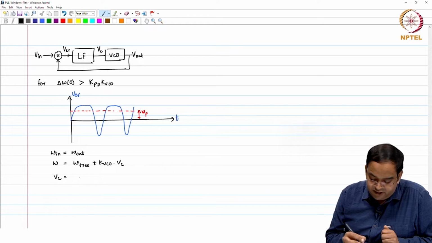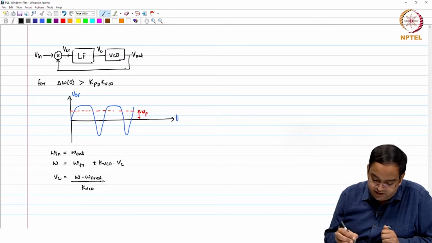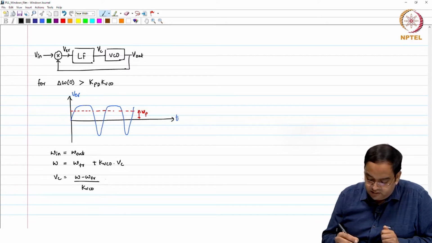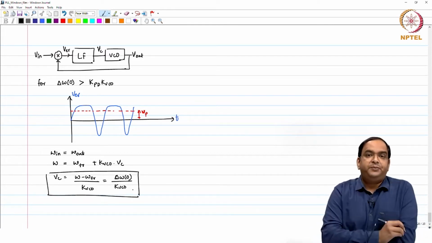So, the control voltage should be omega in minus omega free divided by k VCO, or I have been using delta omega 0 by k VCO. I should have this control voltage in a steady state.